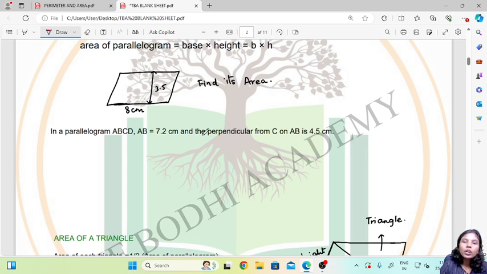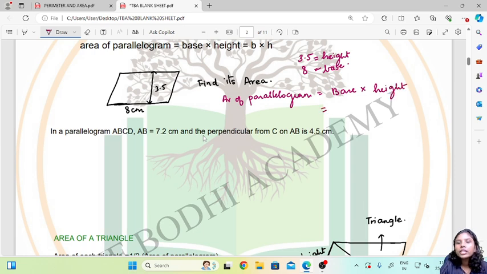Here we can see that we have two measurements given. 3.5, since it is perpendicular to the base, becomes the height. So 3.5 is the height and 8 centimeter becomes the base. So now the area of the parallelogram is equal to base into height.